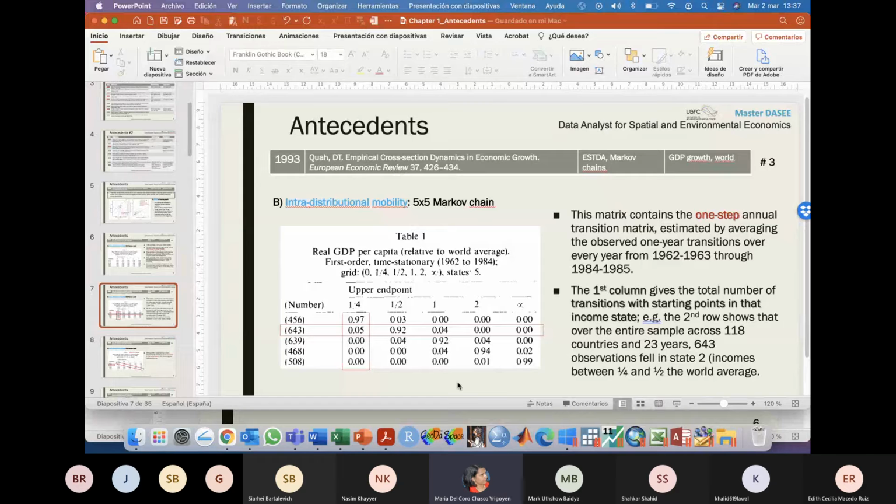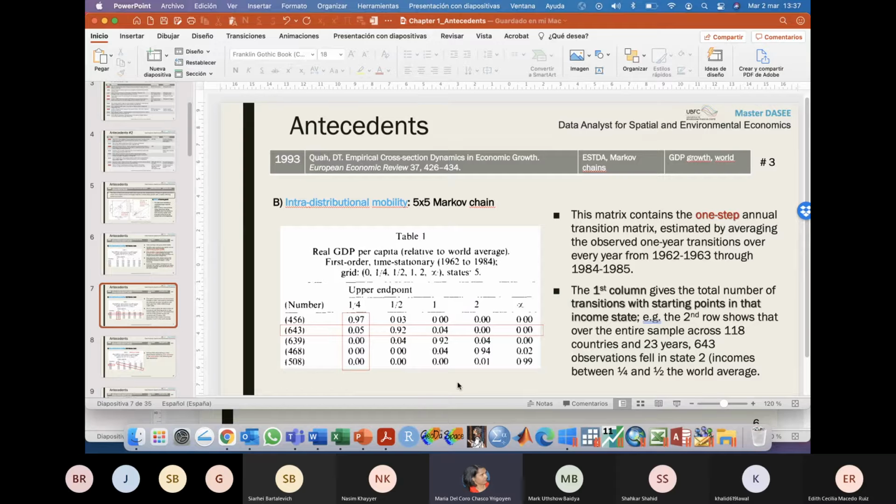But it is a one-step, understanding by a step the states. So, a one-step annual transition matrix. This Markov chain has been estimated this way, because you can build the Markov chain in different ways, as we will see, but this one was a one-step annual transition matrix.